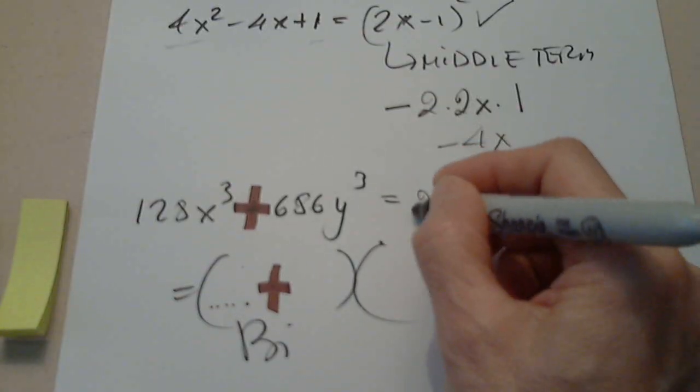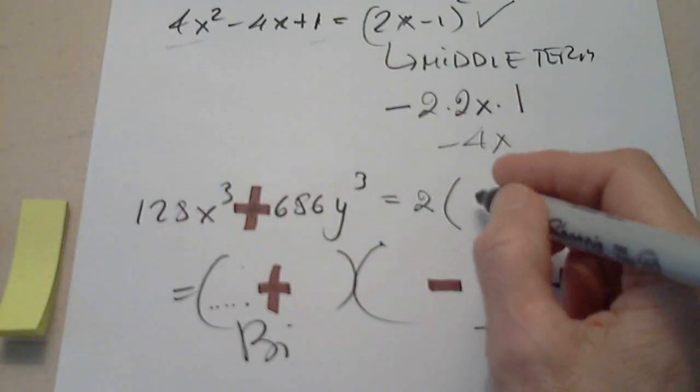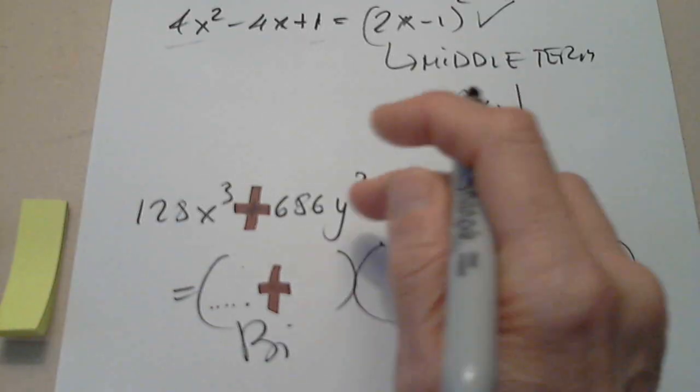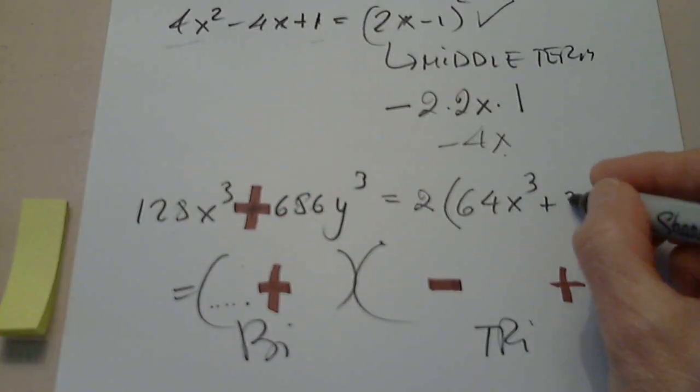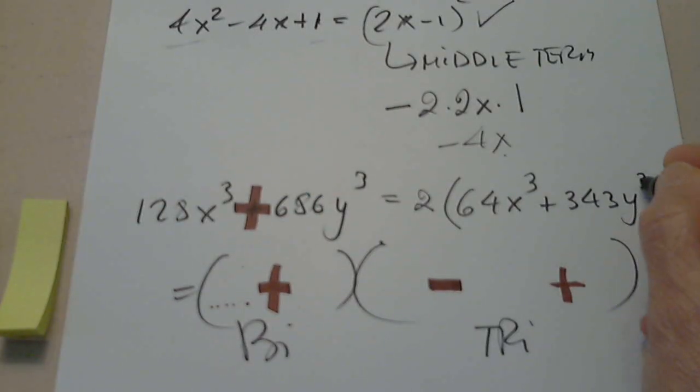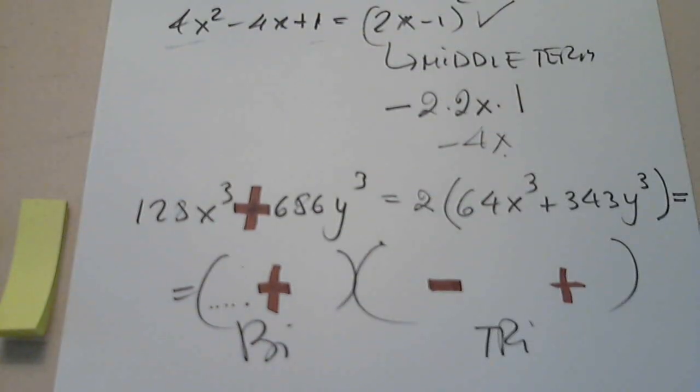So let's see, first of all, 2, and I get 64x to the third, plus 343y cubed. I jumped ahead without going through the strategy, and I shot myself in the foot. I didn't mean to do that, but it's a perfect example of what not to do.